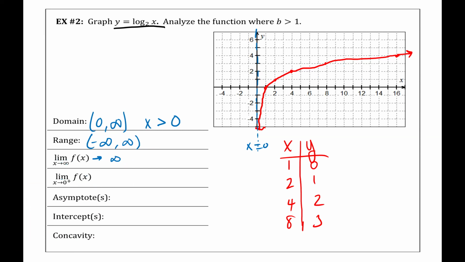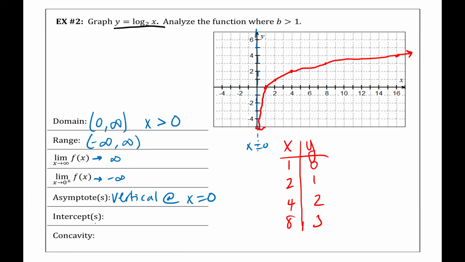Okay, as the limit as x goes to 0, what is it doing? Y is heading to negative infinity. Okay, the reason why it's heading to negative infinity is because there's a what? An asymptote. We have a vertical asymptote at x equals 0.